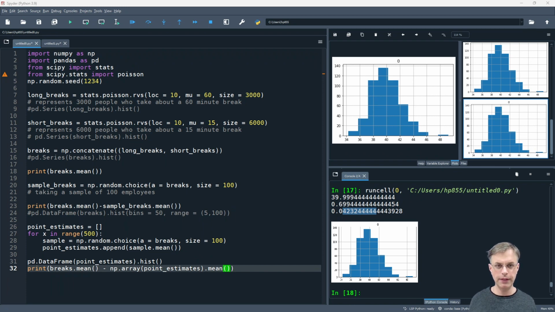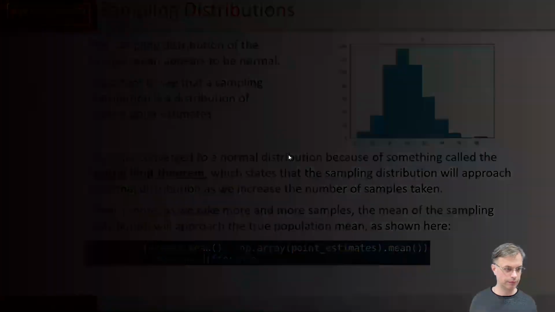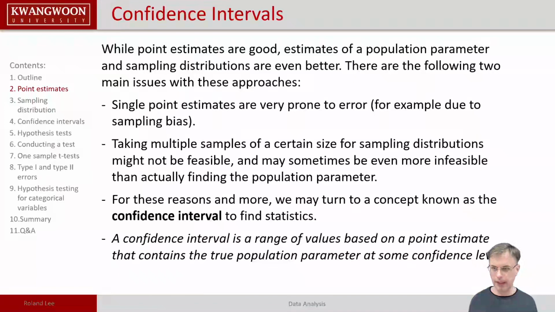Okay, so let's continue now with confidence intervals. Point estimates are kind of okay estimates of a population parameter, and sampling distributions are even better. There are the following two main issues with these approaches.